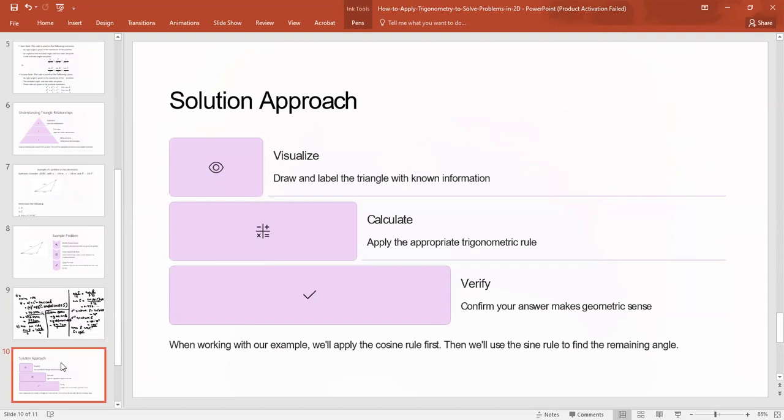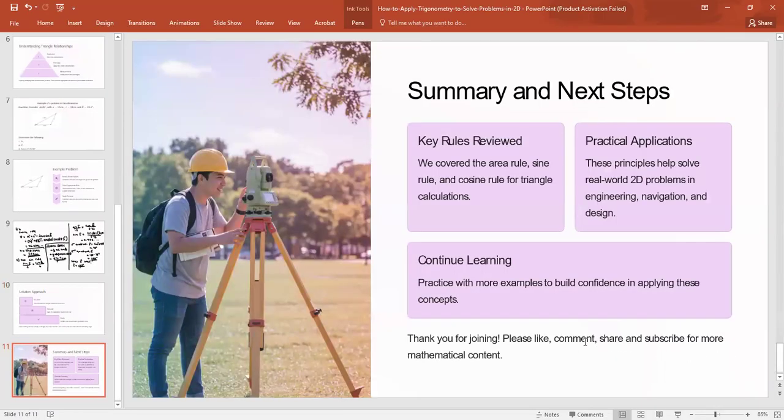If this makes geometric sense, then you confirm the appropriate answer to the question asked in the statement of the problem. We've covered the area rule, the sine rule, and the cosine rule, and we've shown you how to use these rules to solve problems in two dimensions. You're advised to keep on practicing. Practice makes perfect.